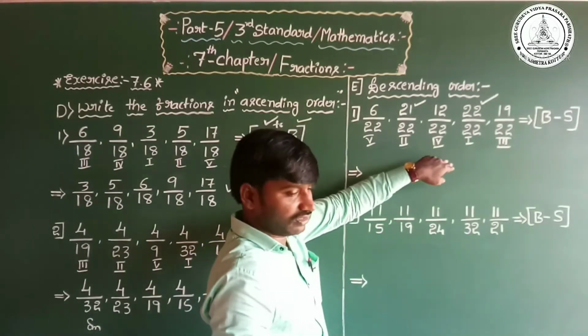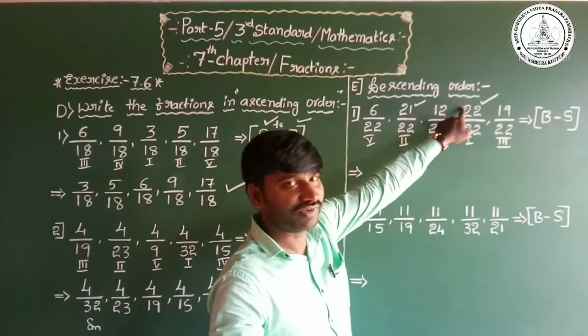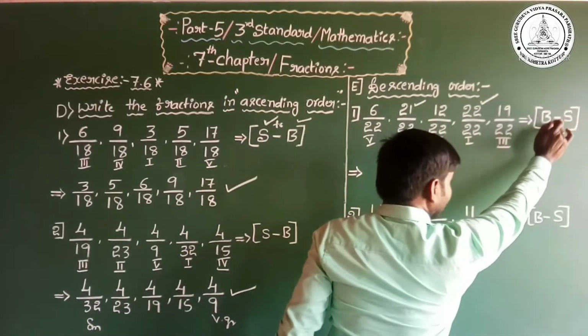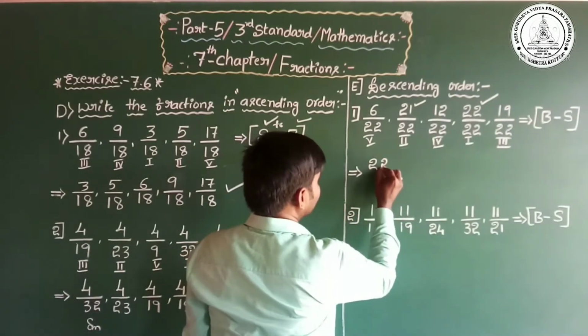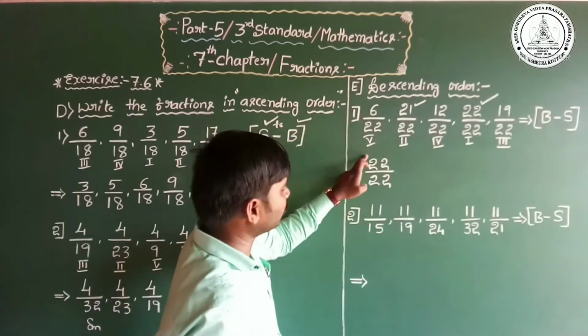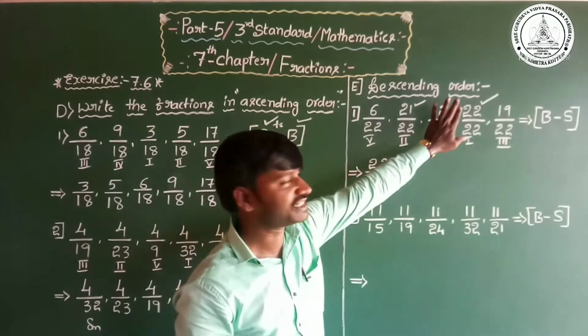Because why? The denominators are the same. Which fraction's numerator is greater? That is first. You take it first, because you are arranging greater to smaller. Which is greater? 22 by 22 is the greater. Don't think about 22 by 22 as a number. This is one of the fractions.